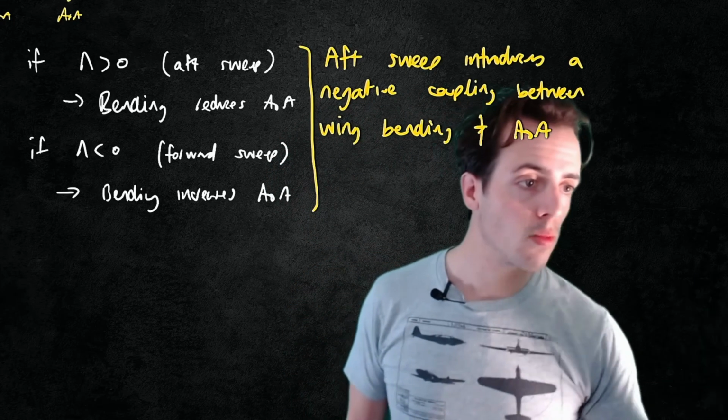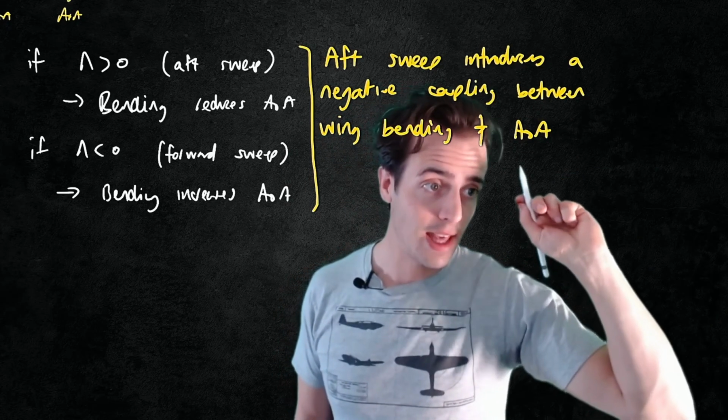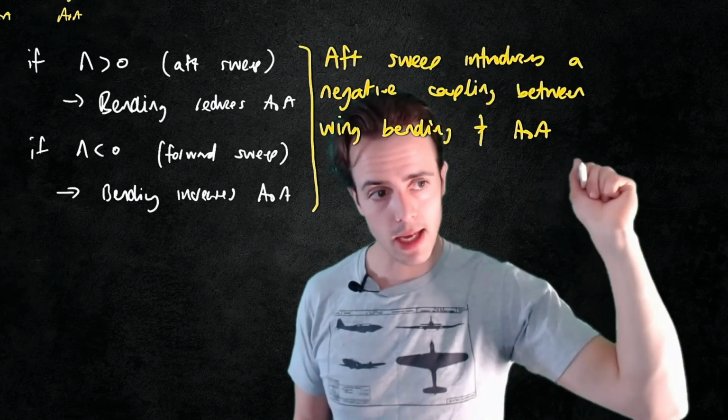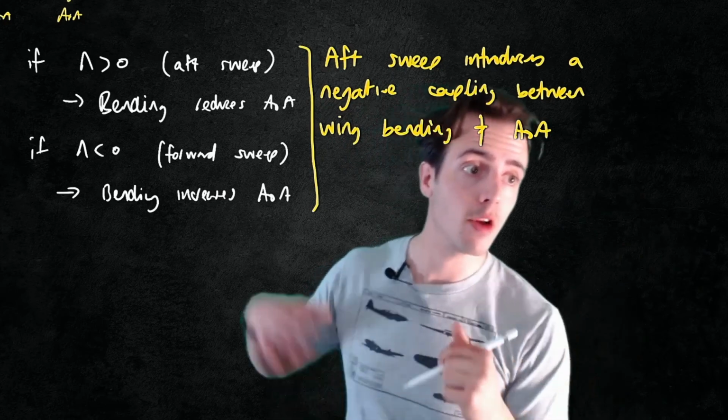So because the wing bending is also going to be a function of the lift produced, any increase in bending, as long as we've got aft sweep, reduces the angle of attack, which serves as some negative feedback within that same loop that we had for torsional divergence.